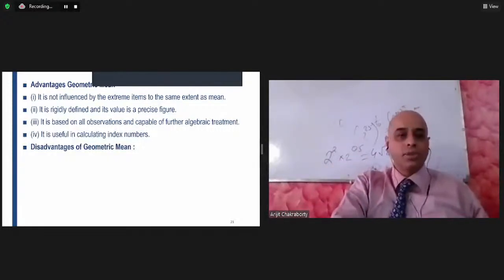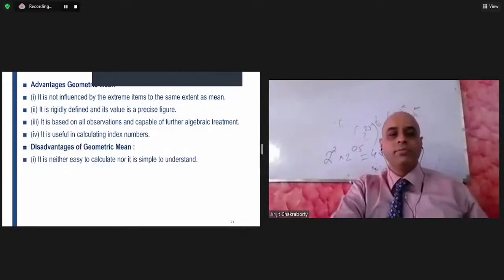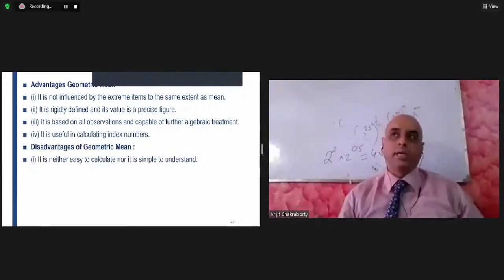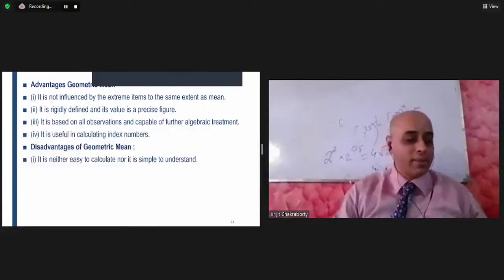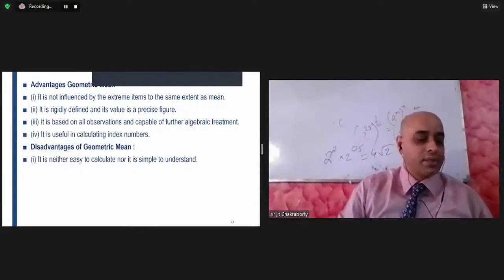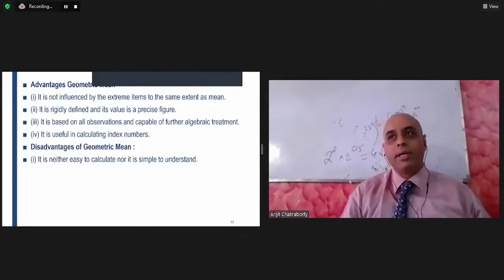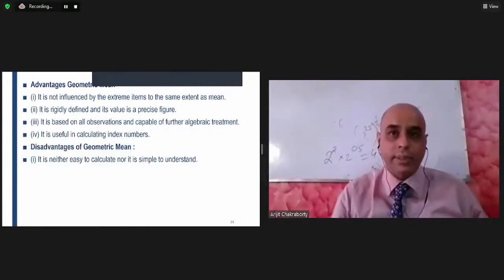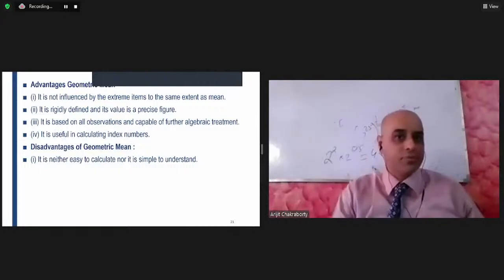So disadvantages of geometric mean: first, it is neither easy to calculate nor is it simple to understand. Like many of you are asking me to explain once again. The calculation may seem a little complex once you have higher numbers. For example, GM of 5 numbers means it will be the 5th root.